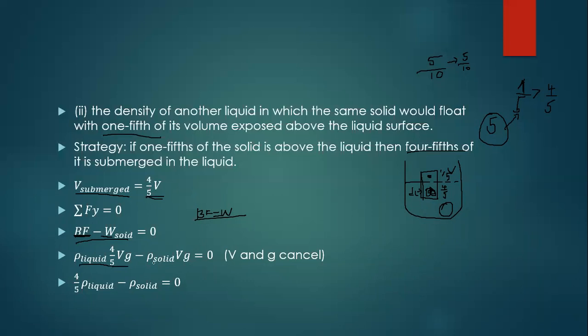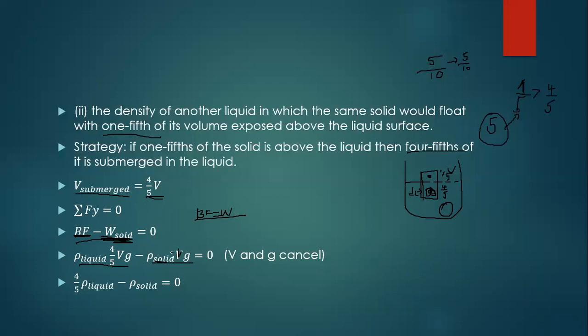But here, also, we said we can compute the weight of the solid. Even the weight of the solid, we can express in terms of the density of the solid multiplied by the volume. Here now we are not saying 4/5.